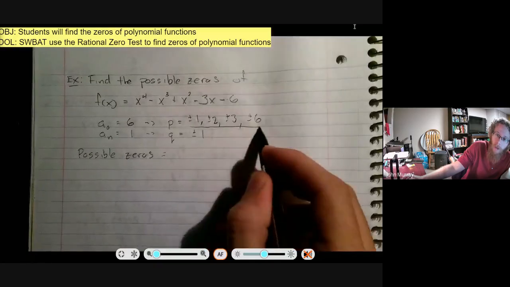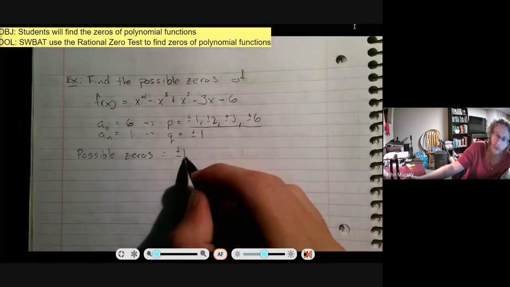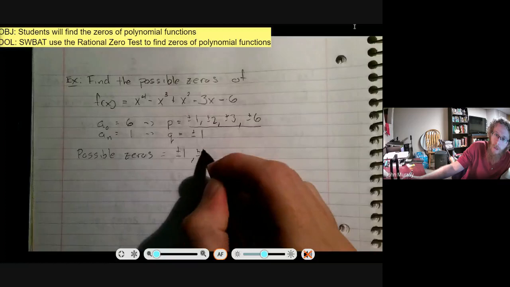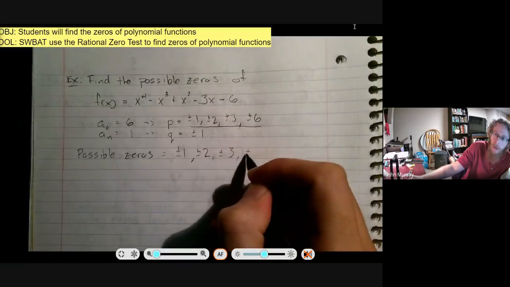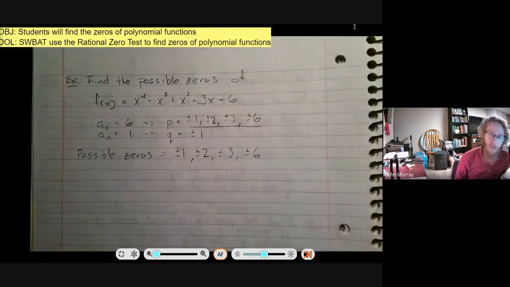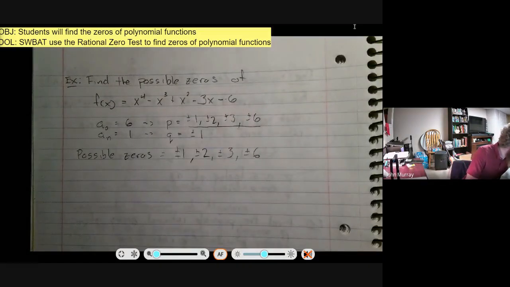If we put it in fraction form, we have 1 over 1, 2 over 1, 3 over 1, and 6 over 1. We have plus or minus 1, plus or minus 2, plus or minus 3, plus or minus 6.